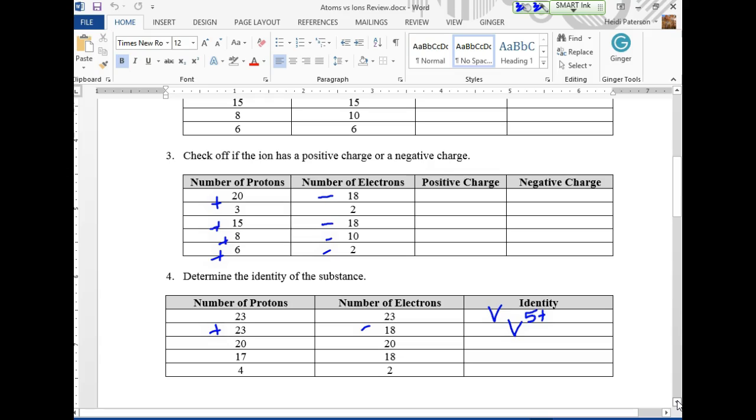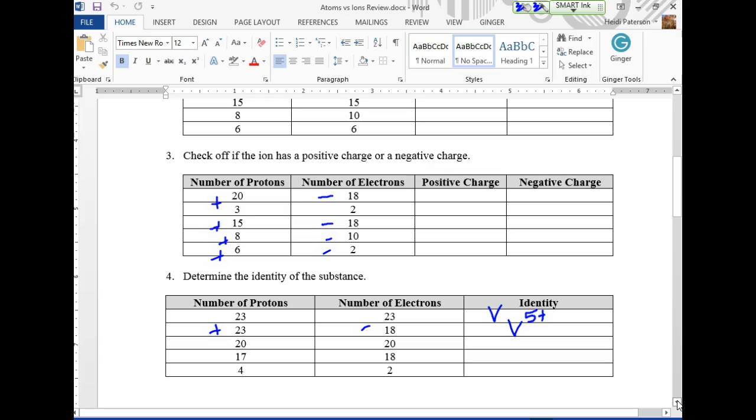Otherwise it's oxidation number. Absolutely. Oxidation numbers are going to tell you something a little bit different, and they're used differently as well. We can actually use them as a strategy to balance chemical equations.